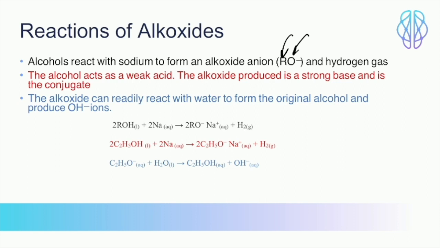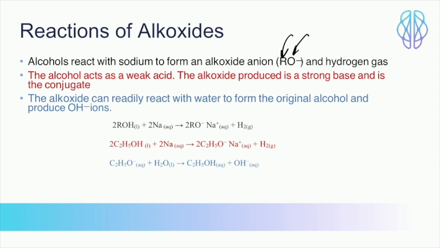As I said, the alcohol acts as a weak acid, and thus the alkoxide is a really strong base because it's the conjugate of a weak acid. If you want to revise that, go back to our videos on pH. So if the alkoxide is a strong base, that means the alcohol is a weak acid, and vice versa.